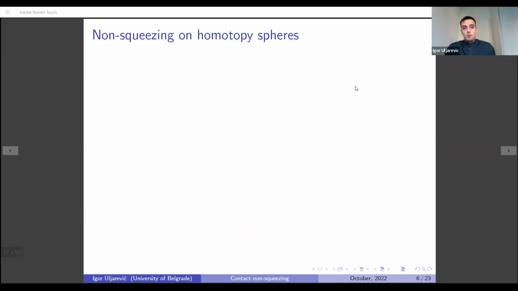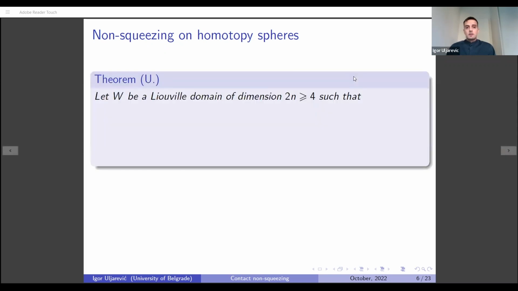Actually, the theorem on Ustilovsky spheres is a special case of a more general theorem that concerns Liouville domains with infinite dimensional symplectic homology and whose boundary is a homotopy sphere.